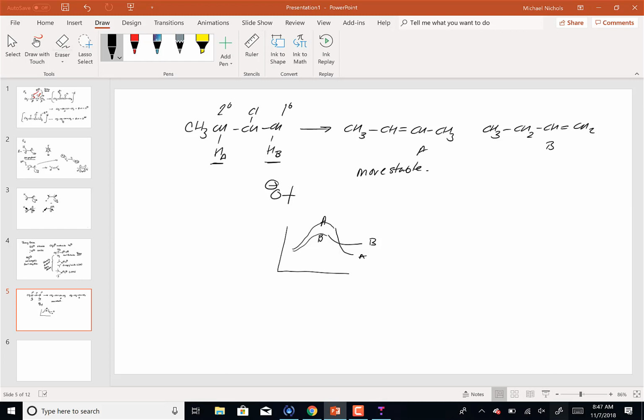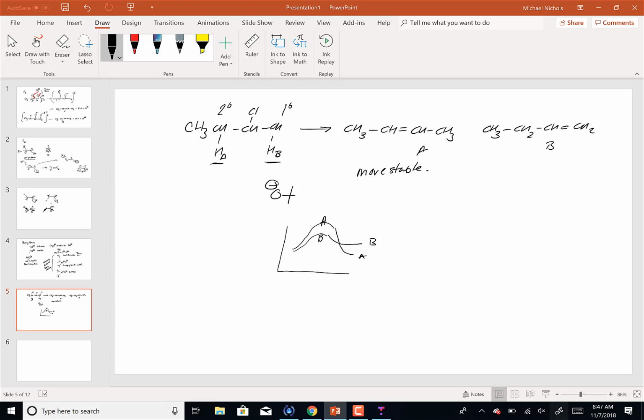And if you do remember when we talked about this before, what we said was you always form the kinetic product first, but then there was a reversible reaction that got you back into the middle so that you could form the other product. There's no reversibility here. Once you're at the kinetic product, you're done.